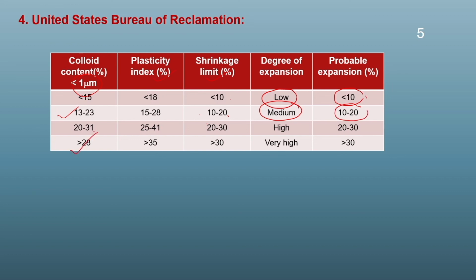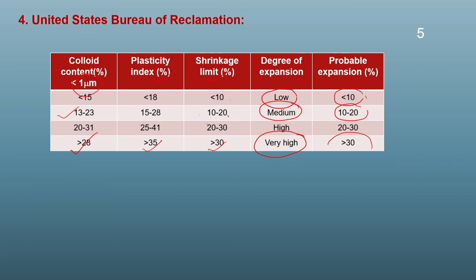The most critical condition arises when the colloid content is greater than 28%, plasticity index is greater than 35% and shrinkage limit is greater than 30%. In that case, the degree of expansion of the soil will be very high and the probable expansion will be greater than 30%.